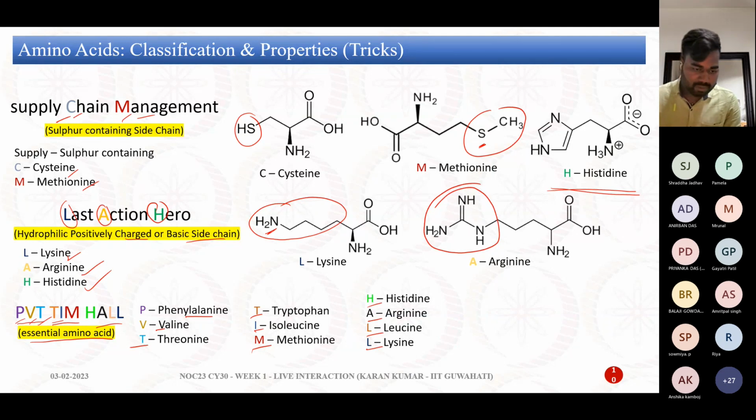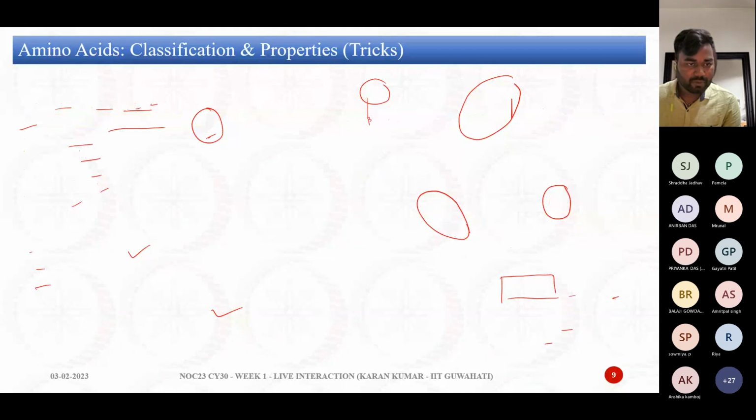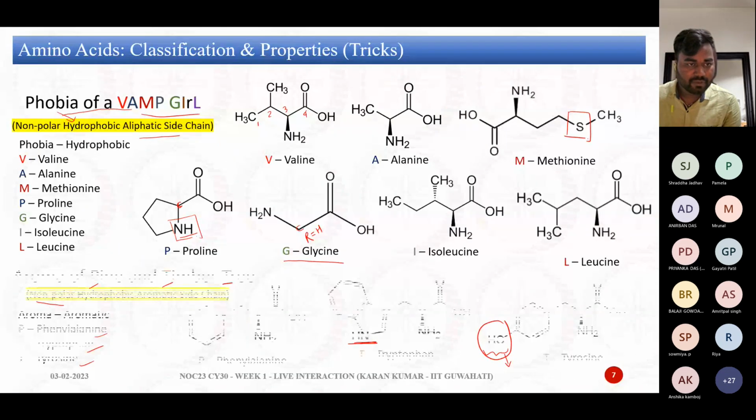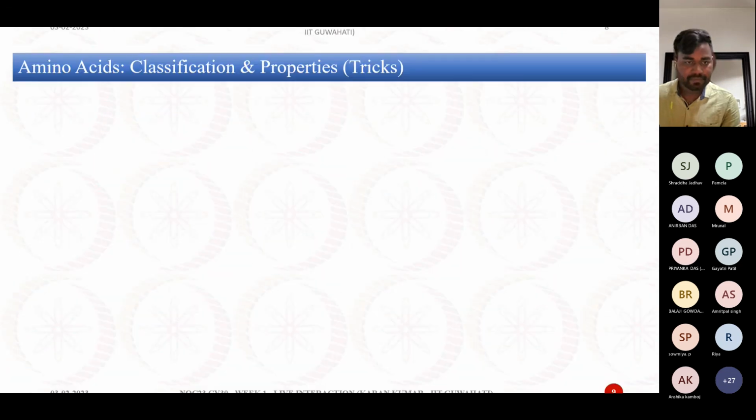The important things that I have briefed here are a few techniques. First is "phobia of a vamp curl" to remember non-polar hydrophobic side chain amino acids. Another is for non-polar hydrophobic aromatic amino acids, which is "aroma of pine and timber tree."